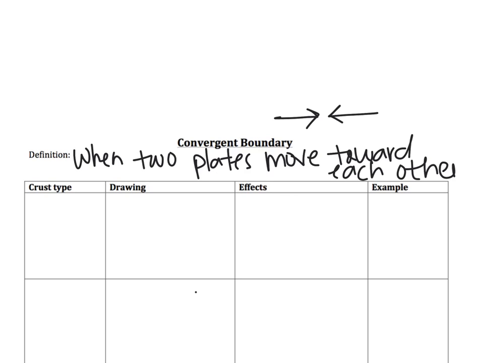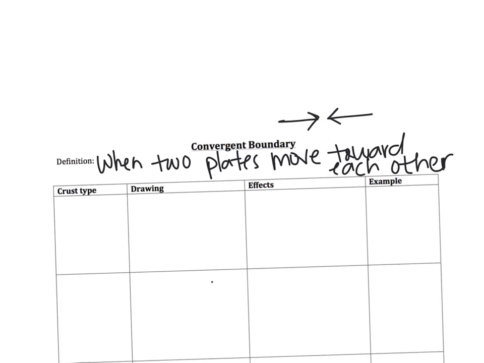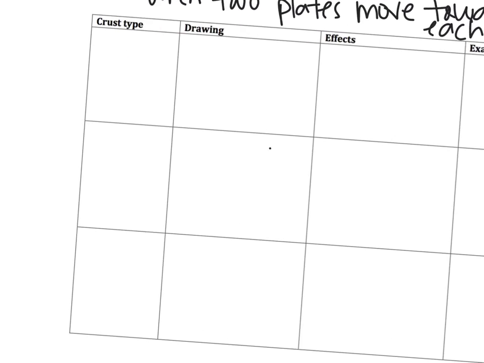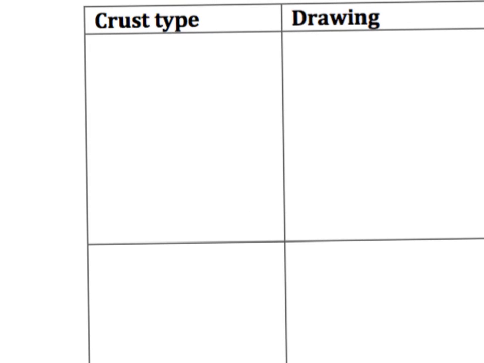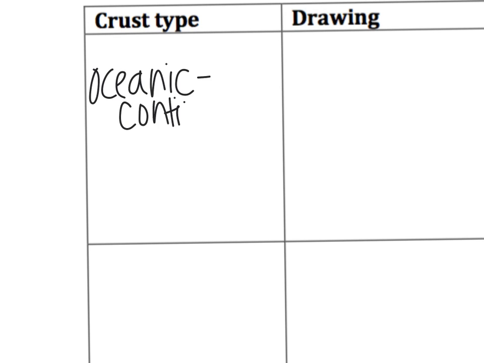And this can happen between different types of crust, and the different crusts cause different effects on land. So let's first start out with the different crust types up here. The first one is going to be oceanic and continental, and it's going to be an OC.